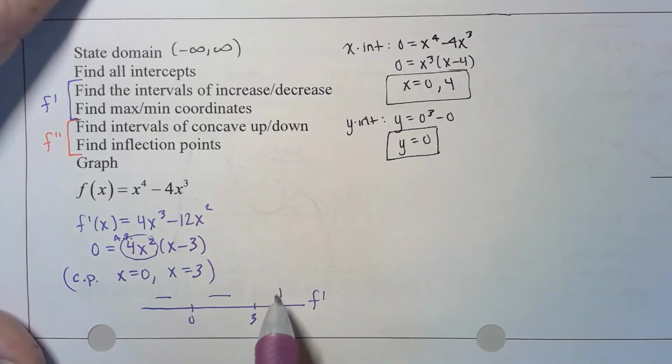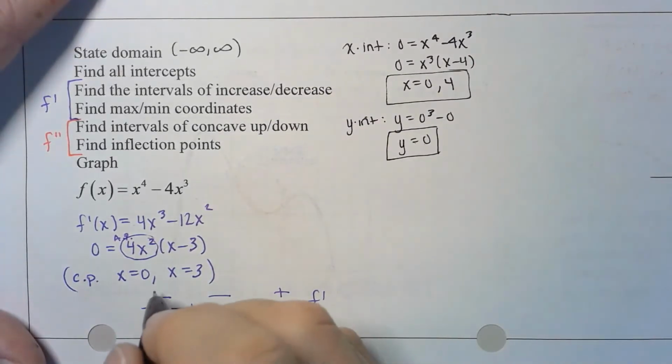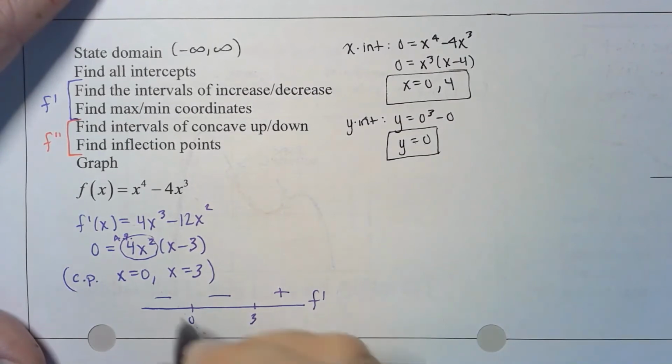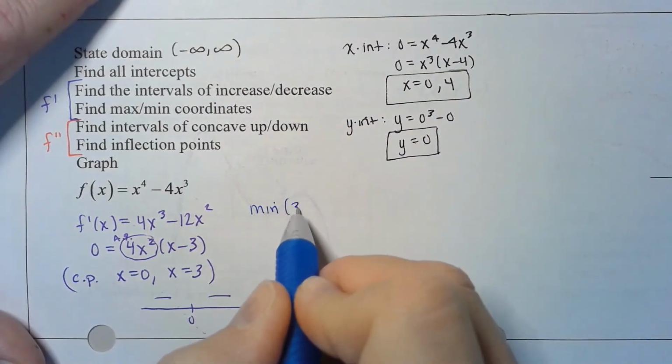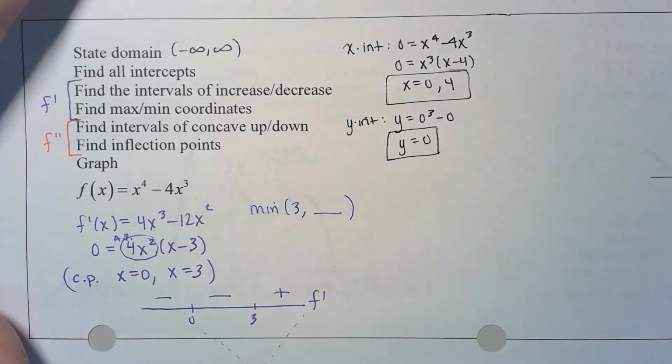If I plug in a 4, I get a positive. Which means my graph is decreasing and still decreasing and then increasing. I only change signs one time. And I'm changing from a negative to a positive, which means I have a minimum when x equals 3.